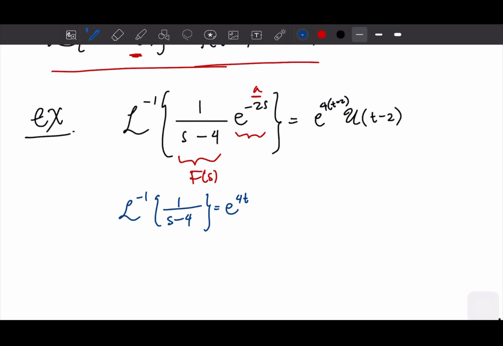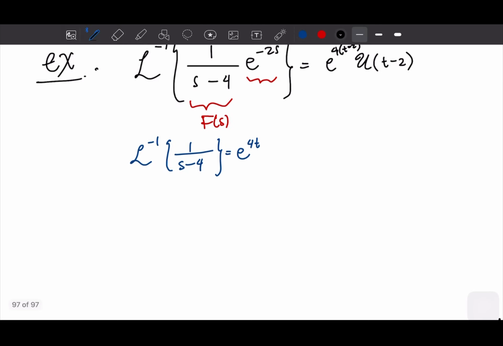If you can identify this, then every time you see this form, you need to see that we will have some function multiplied with the Heaviside or unit step function. This is example number 1.